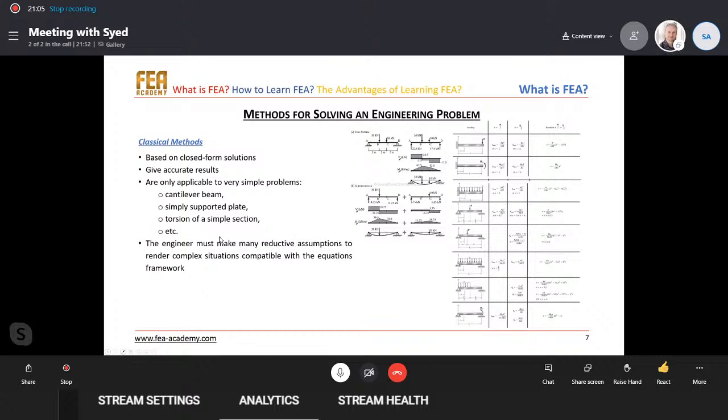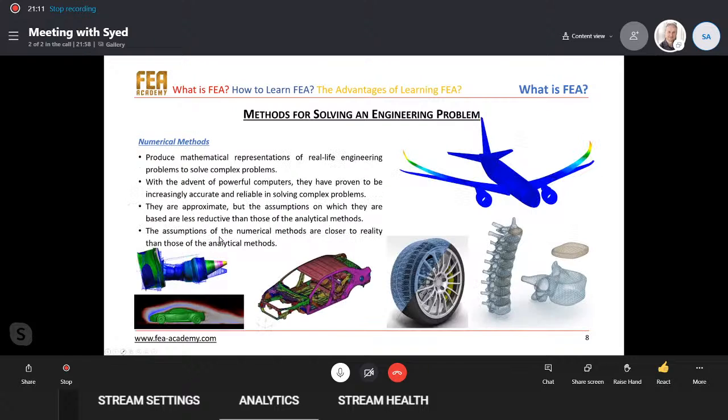So numerical methods have been developed to solve the more complex problems. By making assumptions, you can employ the numerical methods to produce mathematical representation of real-life engineering situations to solve complex problems.